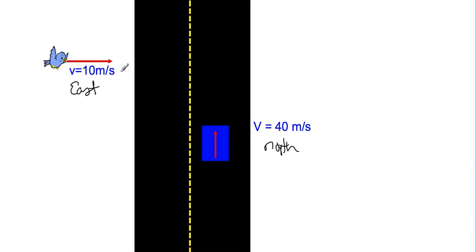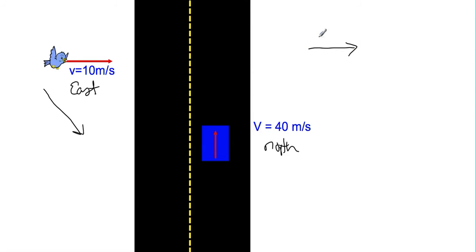If we go the bird relative to the car, it's going to seem like it's moving in that direction, because that bird is going to be getting closer to our car. If we kind of think of ourselves as a zero point or our reference point, we have to use some vector addition techniques.